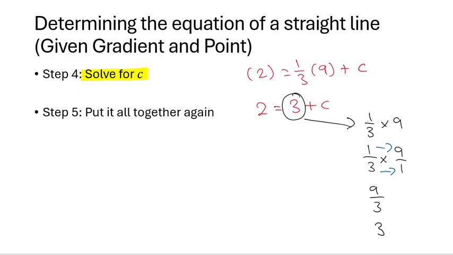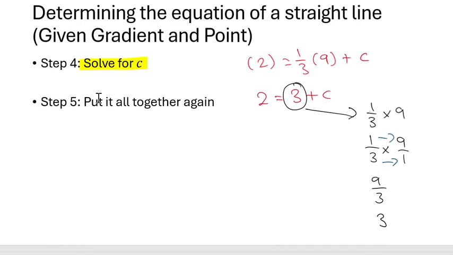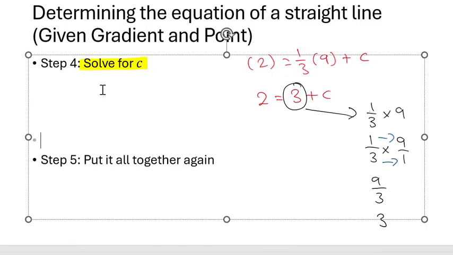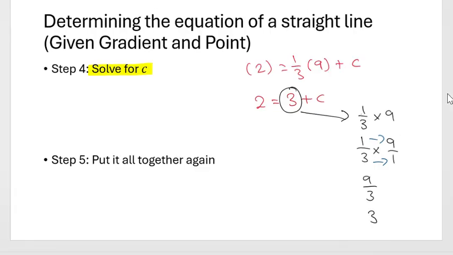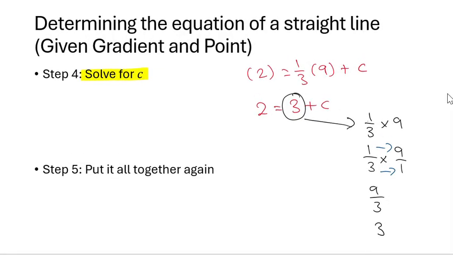That's how I got it. Let me see if I can make some room and fix this up. There we go. So I now have 2 equals 3 plus c.